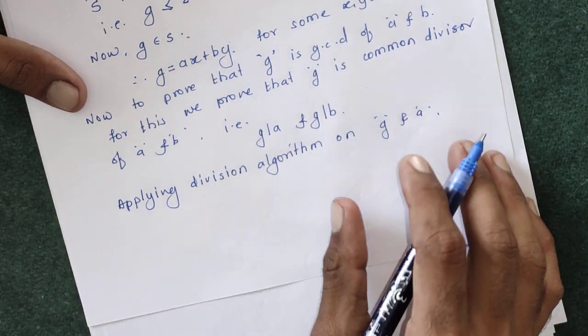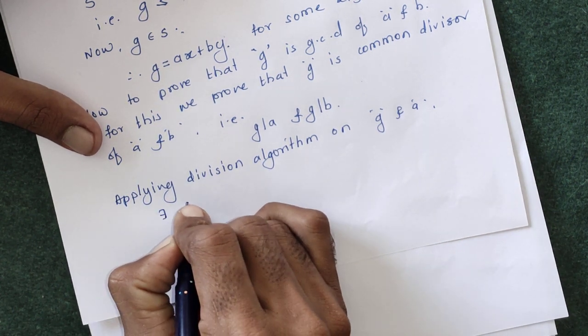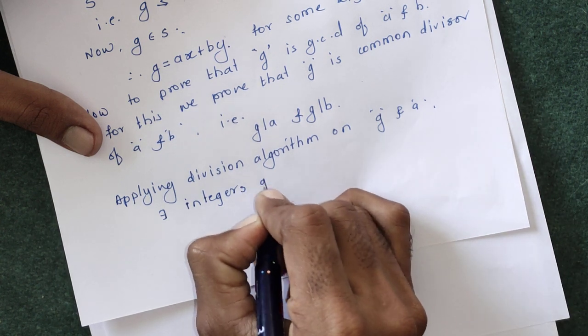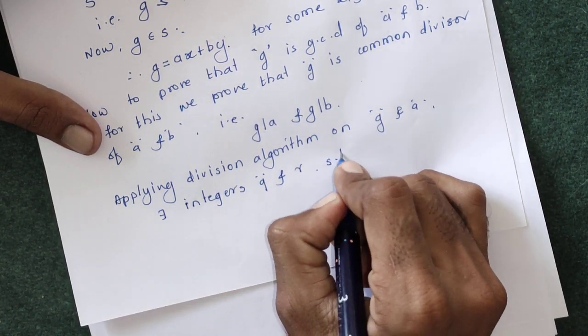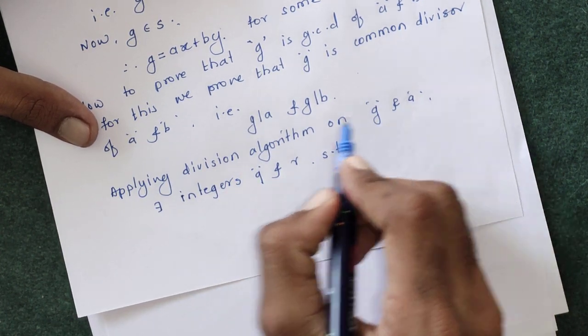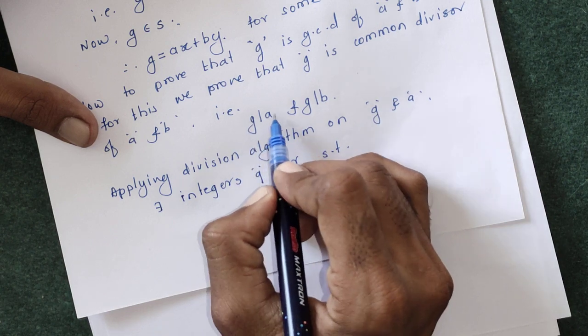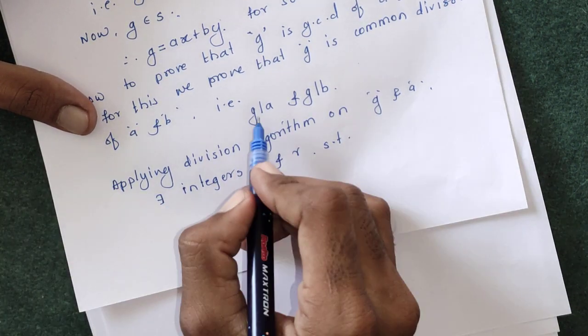Applying the division algorithm on G and a, there exist integers Q and R such that a is equal to, since G is the smallest element and a is larger, we are going to divide a by G.